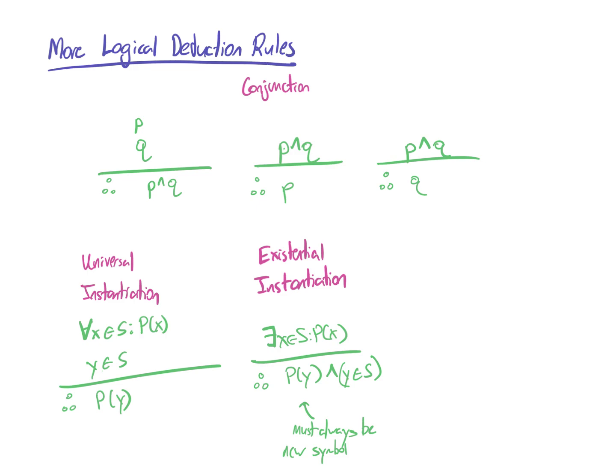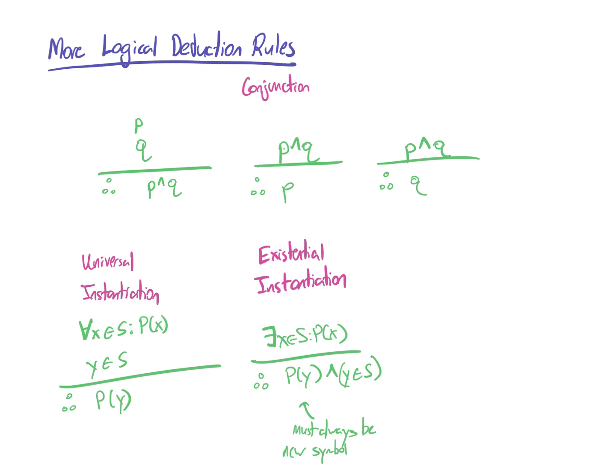So I can say, let y be the element that I'm thinking about, that has the property that y is in the set S and P of y is true. If I know that there exists an element of S such that P of x is true, then I can say, here's a new symbol y, and I'm going to let y be this element that is guaranteed to exist. There's at least one y with these properties. That's what there exists x in S such that P of x means. So let's think about it and use it.